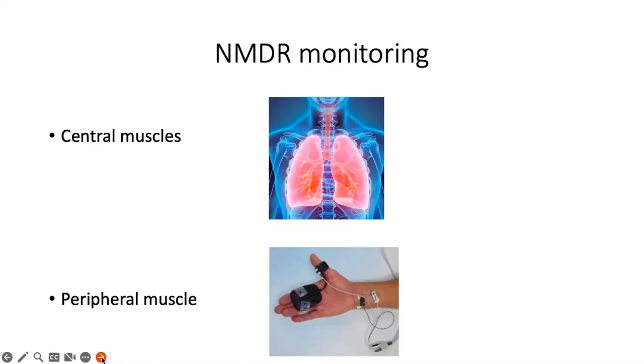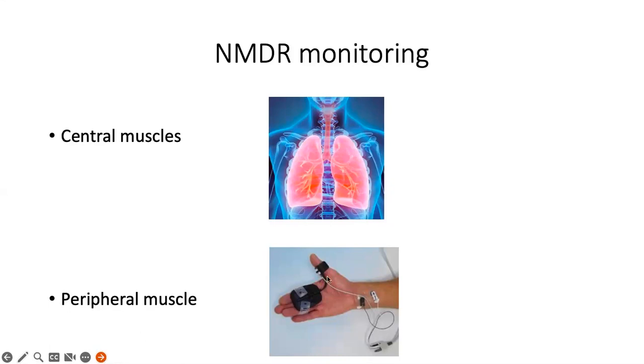The peripheral muscles themselves are also paralyzed when you give the muscle relaxant, and we tend to use them because it's much easier for us to measure the effects of the muscle relaxant using the peripheral muscles. And I will explain to you why.